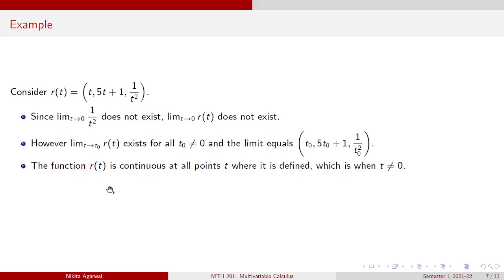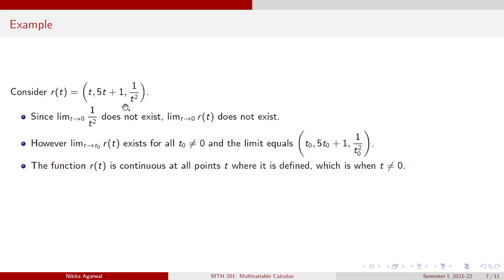So therefore, putting all these things together, and also remember this is nothing but r(t naught) by definition, r(t) is continuous at all points t where it is defined. Now, if you look at this function r, it's not defined at t equal to 0, right? So what is its domain?